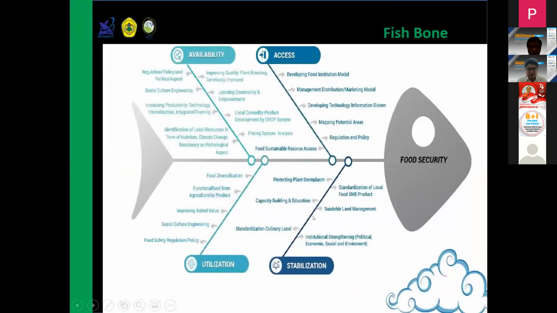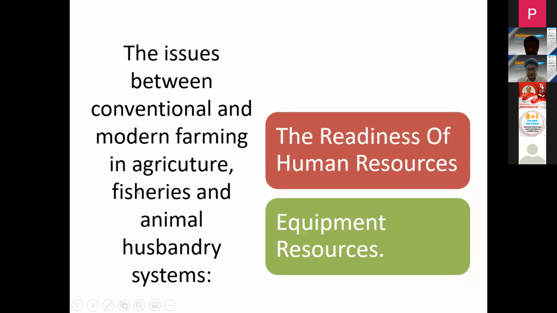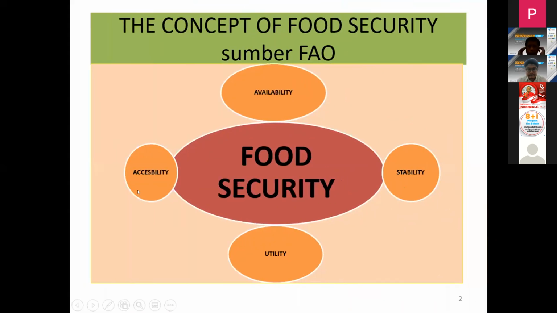The concept of food security, the source finds four aspects: availability, in Indonesian ketersediaan; accessibility, keterjangkauan; utility, I mean the facilities; and stability, I mean continuity, keberlanjutan.